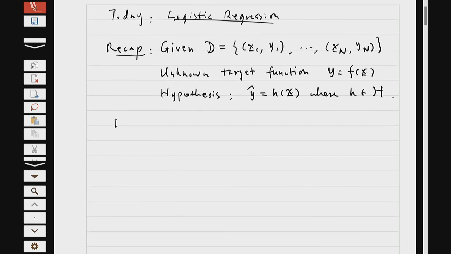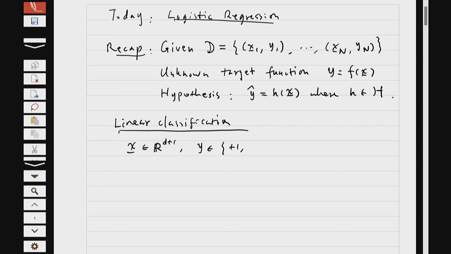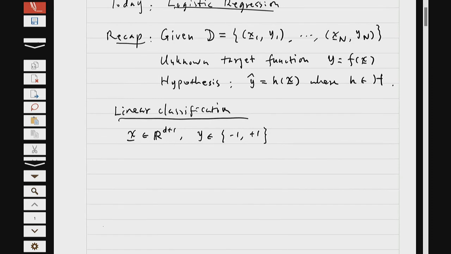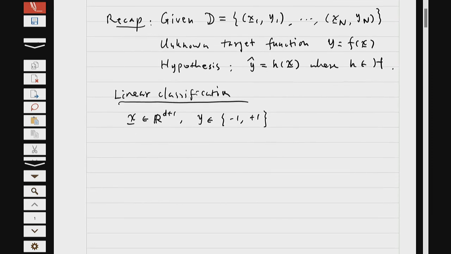There are two methods so far. Linear classification: we have x, the input, being a d+1 vector. The output, for now, let's say it's binary, -1 or +1. It could be other values in general, as long as it's discrete.